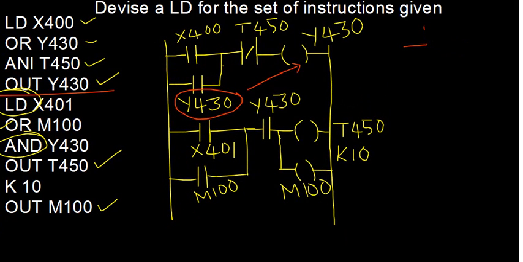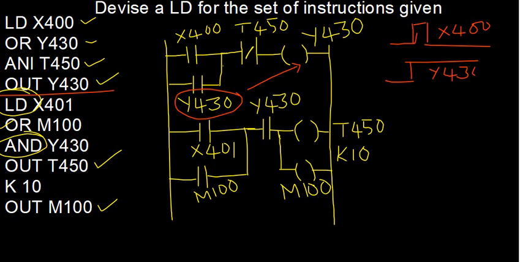This is my momentary switch. This is my X400. Okay. So once your X400 starts, your output Y430 also starts. How long? That is to be decided by the actions that are taking place in our subsequent rungs.